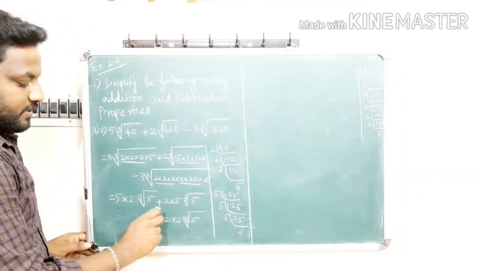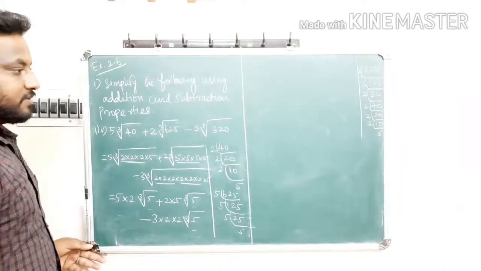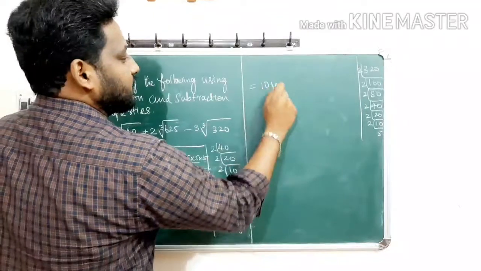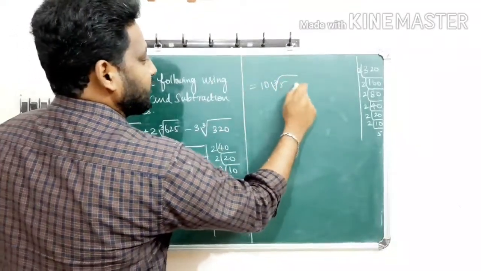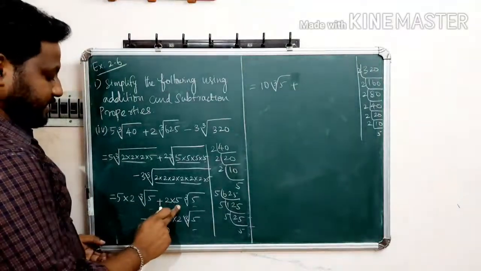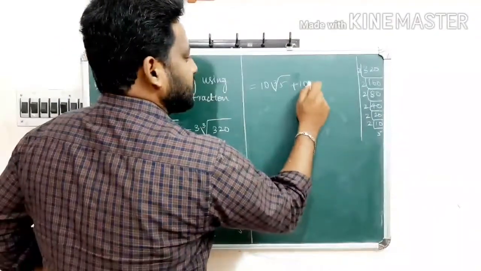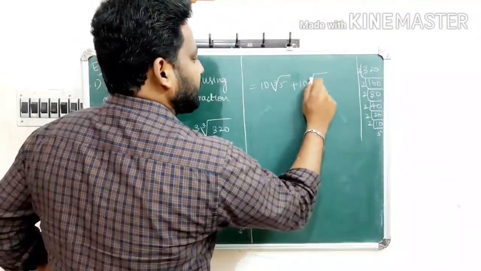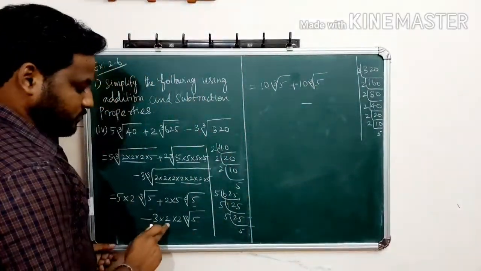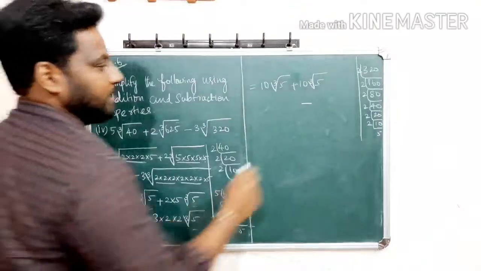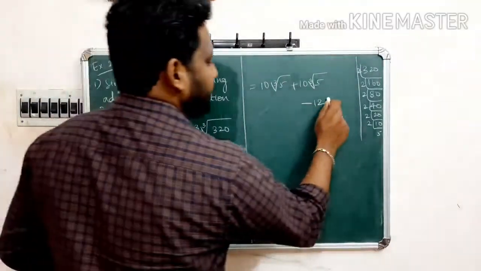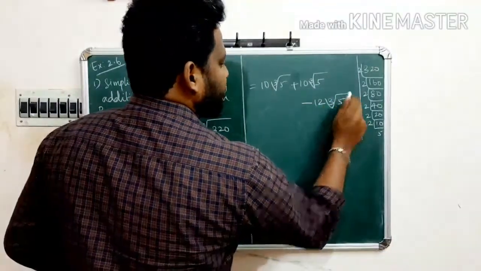So now look at this, cubic root of 5 is common. 5 2s are 10 cubic root of 5 plus 2 5s are 10, 10 cubic root of 5 minus 3 2s are 6, 6 2s are 12, 12 cubic root of 5.